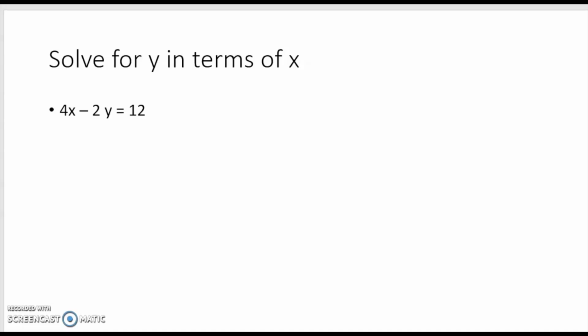So, another thing we're going to learn that's really important about graphing is something called solving for y in terms of x. Now, we've learned how to solve a one-variable equation. Remember, we saw equations like 2x plus 6 equals 8. And we learned how to get x all by itself and solve for x.